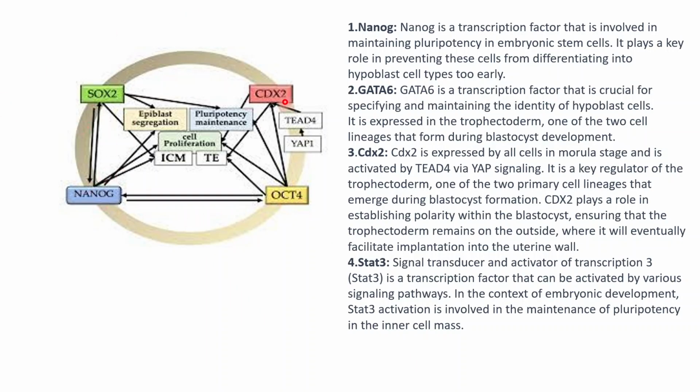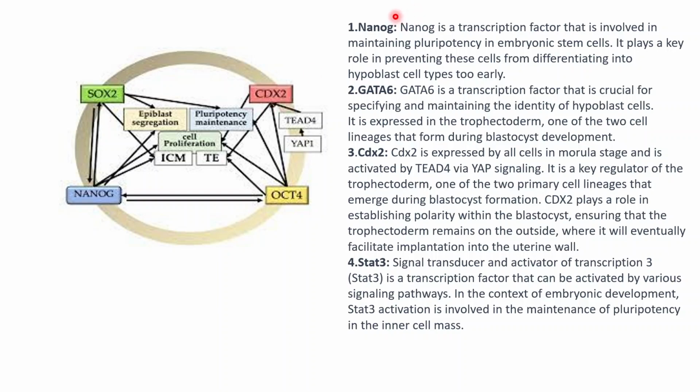We have all these transcription factors, three of them are Yamanaka factors: SOX2, NANOG, OCT4, and CDX2. There are many things that these regulate at the ICM and the trophectoderm: epiblast segregation, pluripotency maintenance, cell proliferation, and YAP signaling. YAP leads to TEAD4 activation, leads to CDX2 activation.